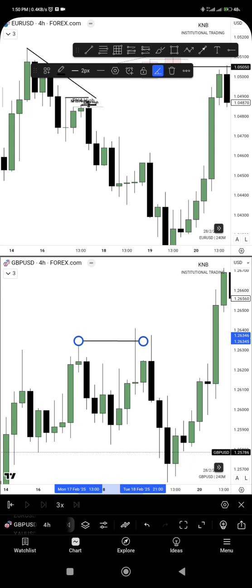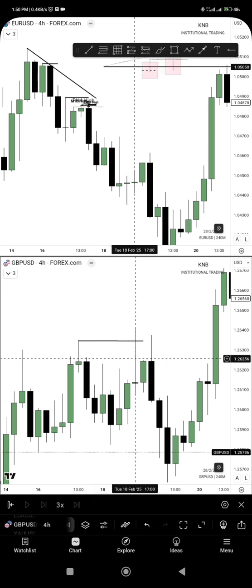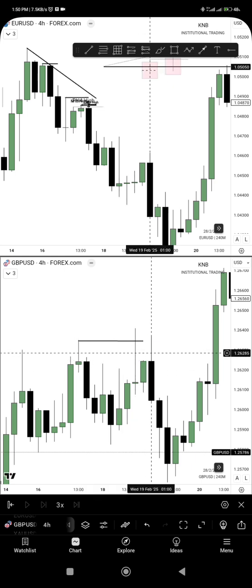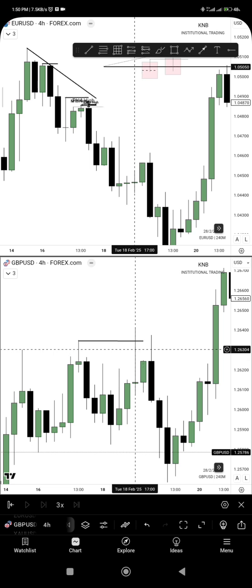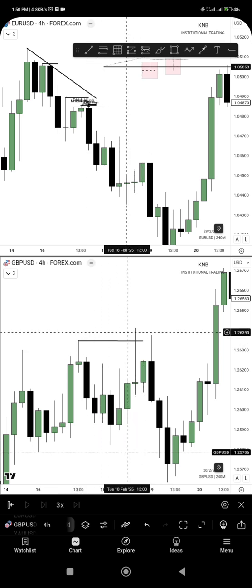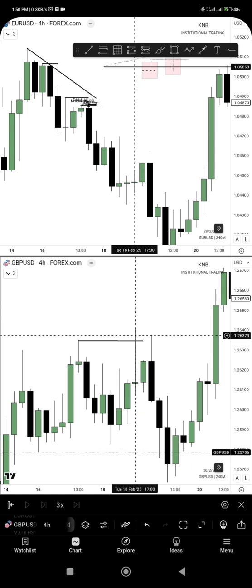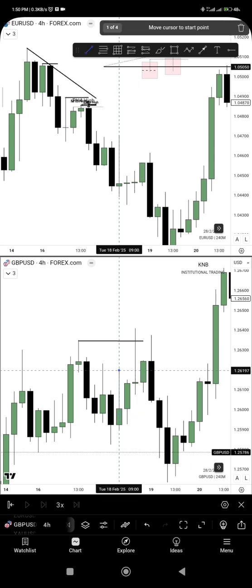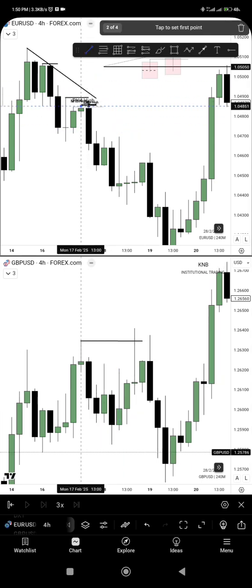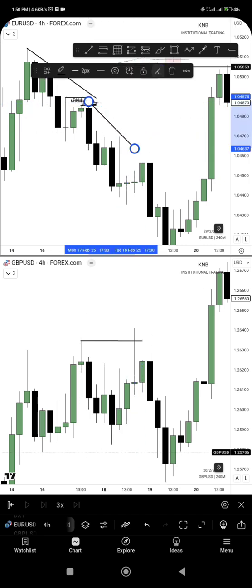Monday high was swept on GU. You can see the high was swept, but on EU the high wasn't swept. So that is divergence between the Monday high right here and Tuesday's high.